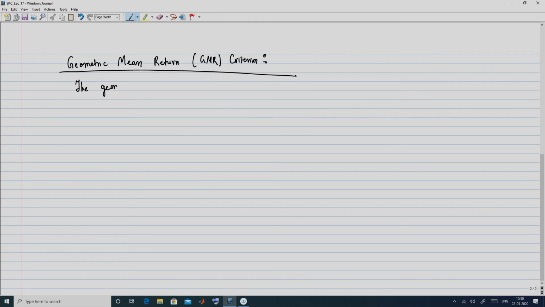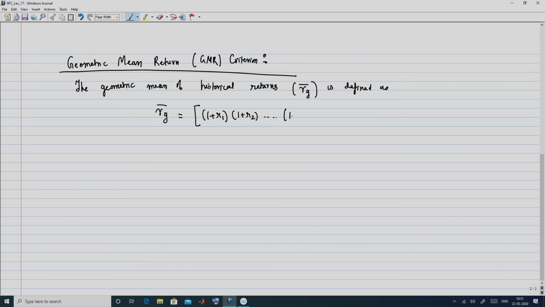So, the geometric mean of historical returns, which we will denote by RG bar, is defined as RG bar is equal to 1 plus R1, that is the return for the first period, into 1 plus R2, return from the second period, into 1 plus RT, return for the Tth period, raised to 1 by T, minus 1.